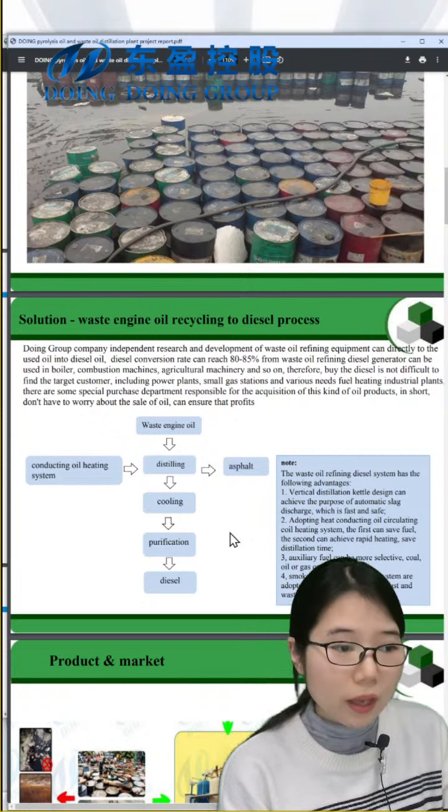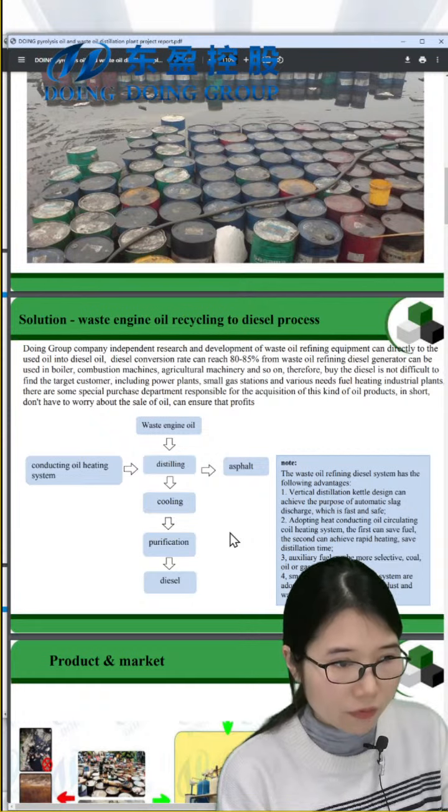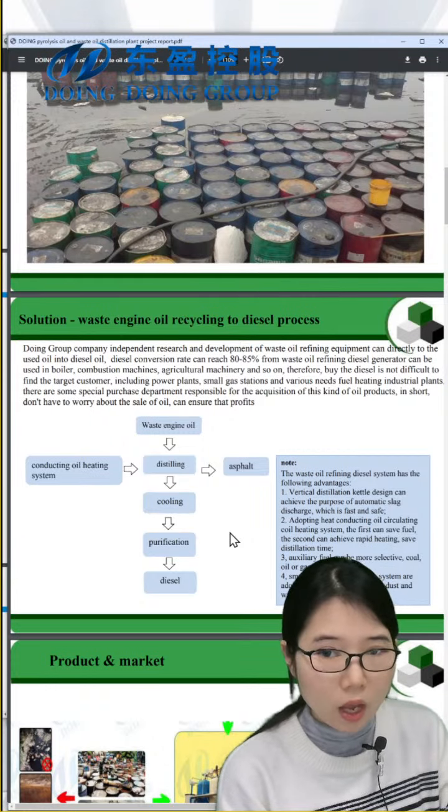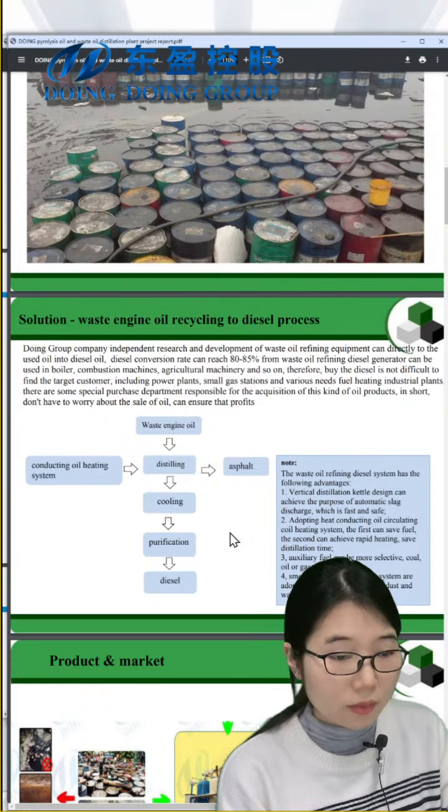After you get the oil, we also use the purification system to treat it into diesel. Finally, you will get diesel and asphalt.